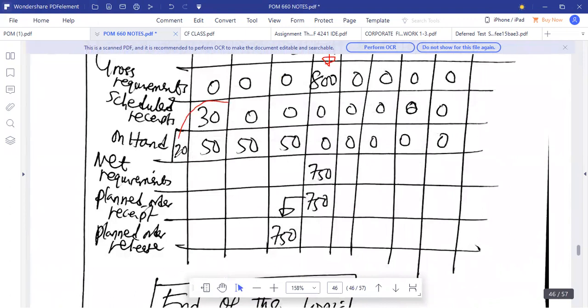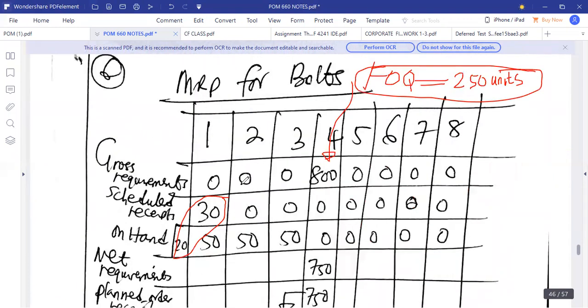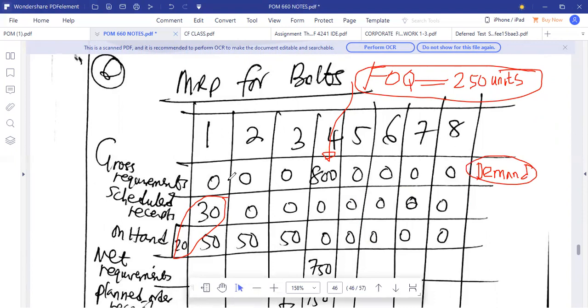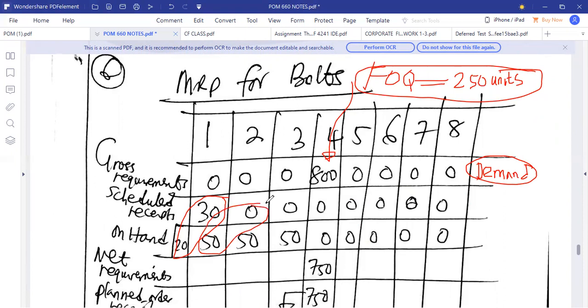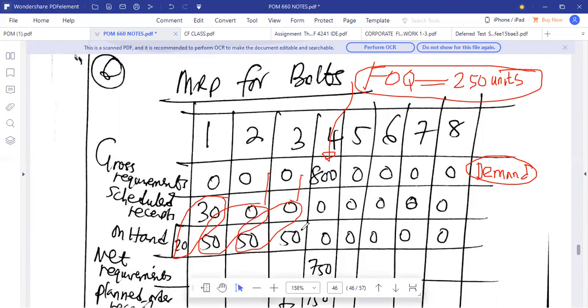So you add the scheduled receipts plus on hand, then minus the gross requirements, which is the demand. So you add these 2 minus the gross requirement, and we still remain with 50. 50 plus 0 minus 0 is still 50.